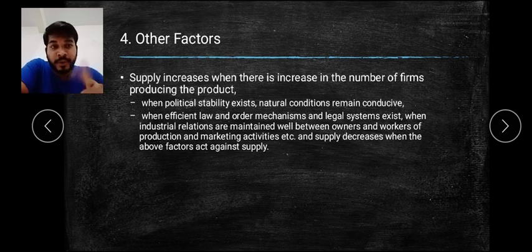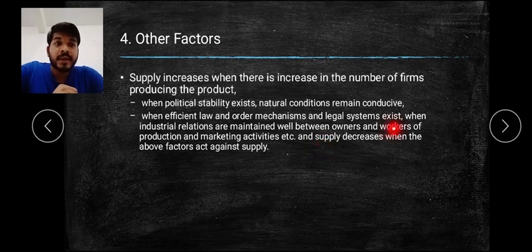Seeing all this, they produce so that their business does not come to a halt. Here you find industrial relationships, when industrial relations are maintained between the owner and workers of the production, marketing activities etc. Supply decreases when all the above factors are against supply. If these factors I am mentioning, legal, political, are affecting supply, then your supply is directly affected and it decreases. If they are in their favor, they will keep maintaining supply. I hope you have been clear with all the factors of production.